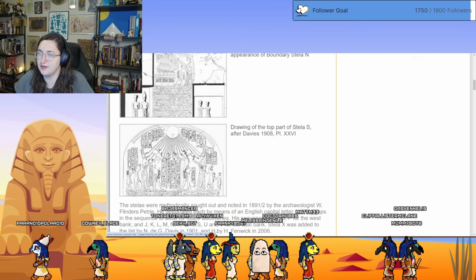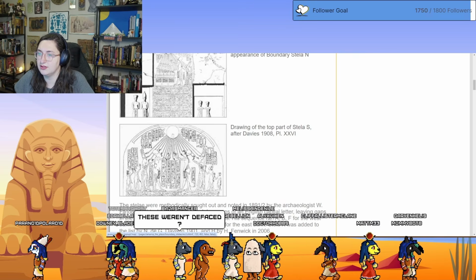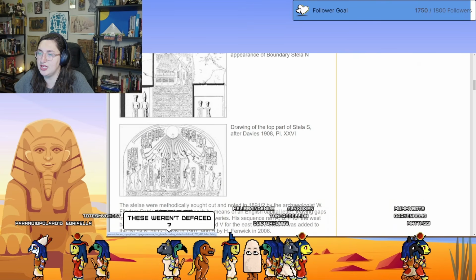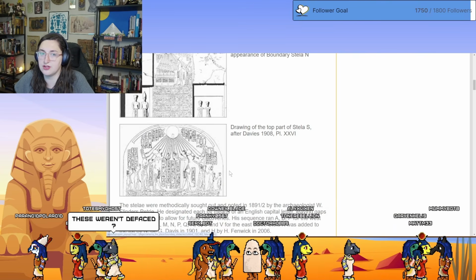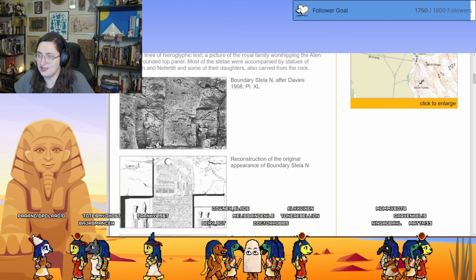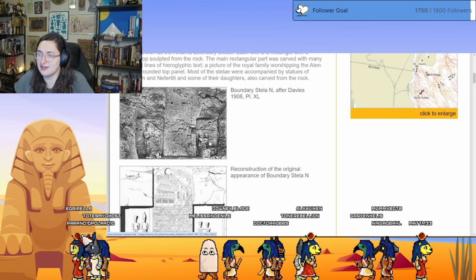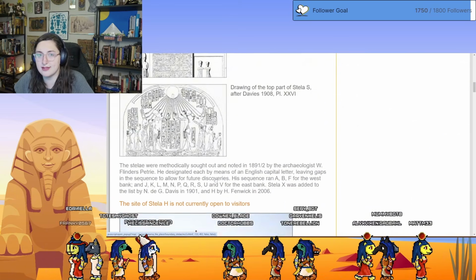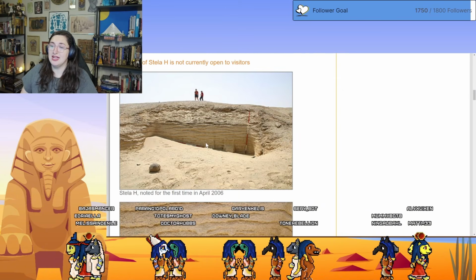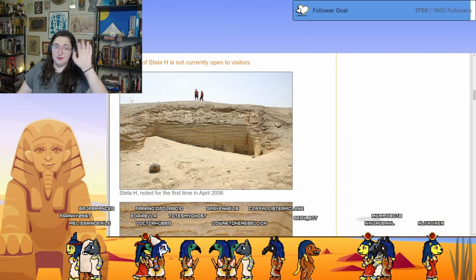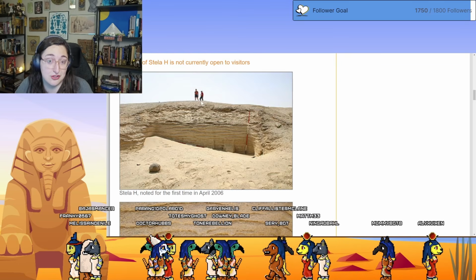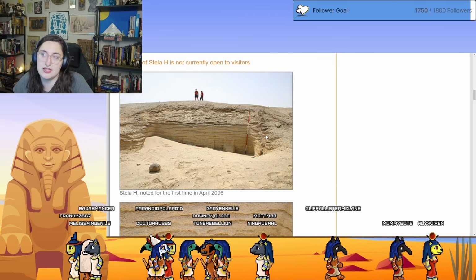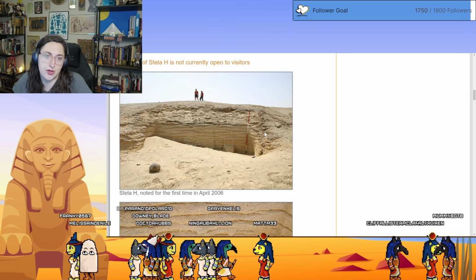And here is a different version with Akhenaten, Nefertiti on either side, and then two of their daughters on either side. As you can see, a lot of them were preserved by essentially a miracle of the sand. But yes, some of these were defaced, and we're going to talk about that.